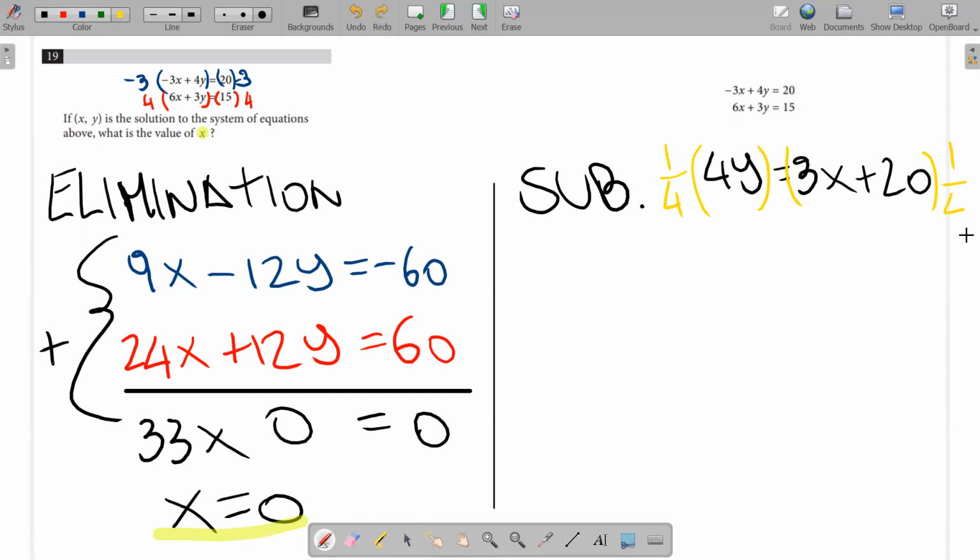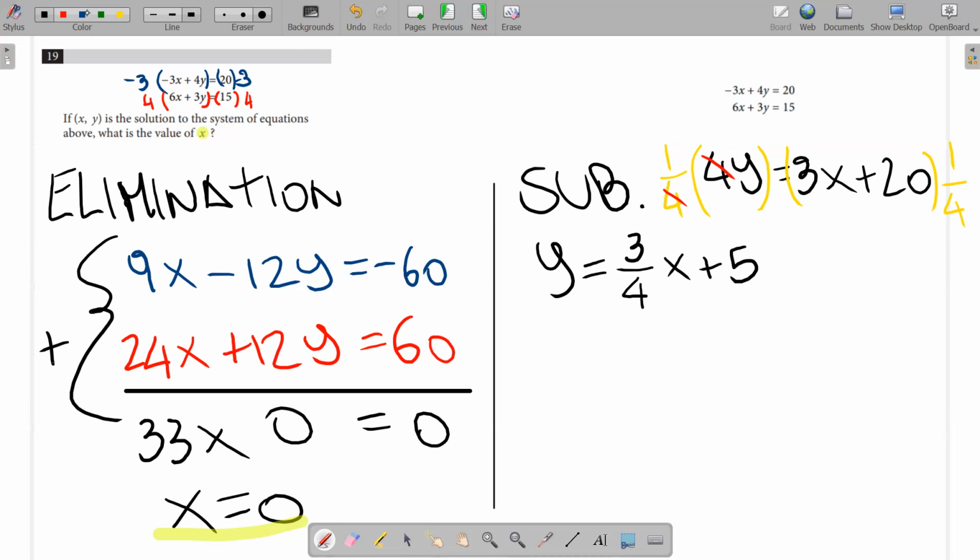If you don't know what a reciprocal is, wait a few minutes and I'll explain it to you. By doing that, now we isolate our y, and our first equation will look like this. Y equal 3/4x plus 20 divided by 4, which is 5.